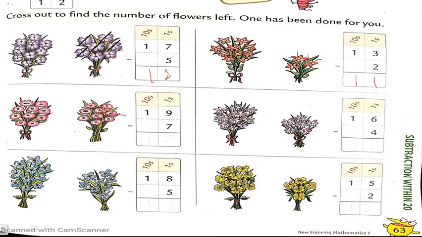Now start counting the remaining flowers. 1, 2, 3, 4, 5, 6, 7, 8, 9, 10, 11 and 12.